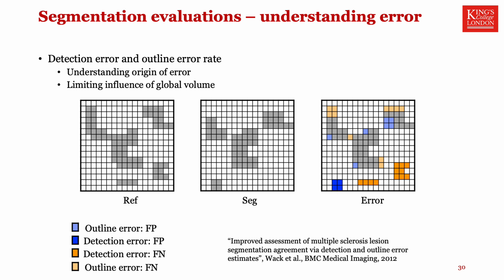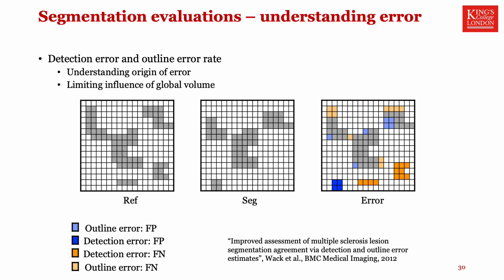And that's what we call outline error and detection error. So outline error means everything where, for instance, I have the right global location for a single connected component of an element.